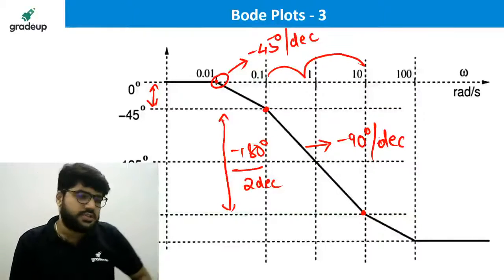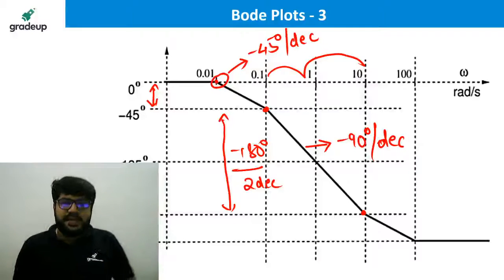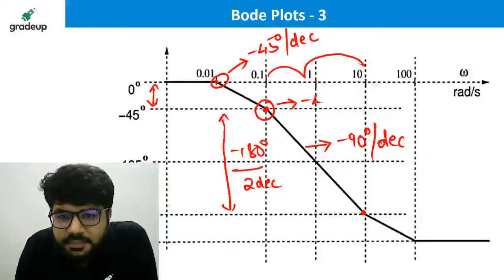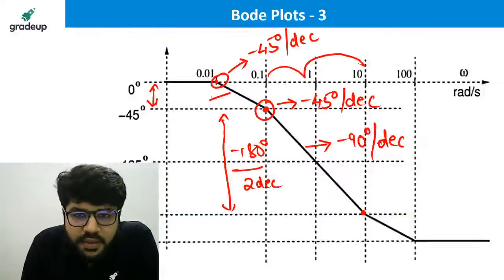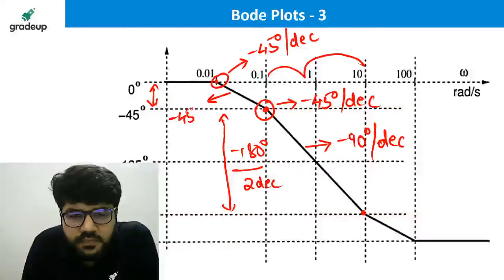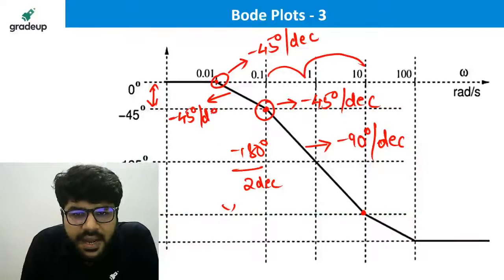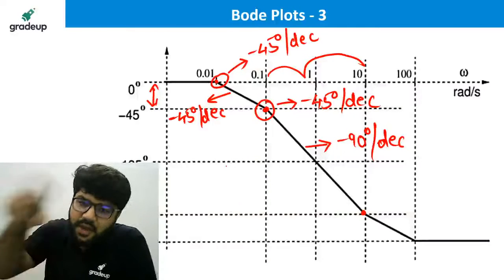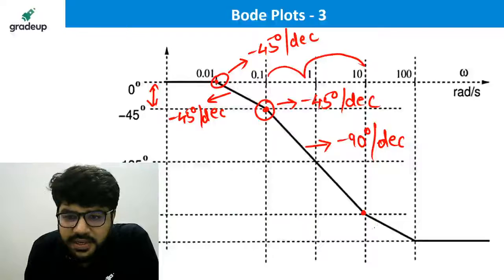I'm writing down all the slopes. That means at this point the slope is changing by minus 45 degrees per decade, because before this, the slope of the line was minus 45. Now it has become minus 90, a change of minus 45.